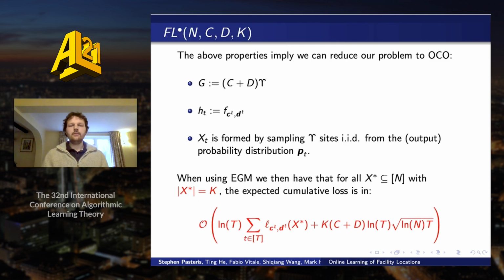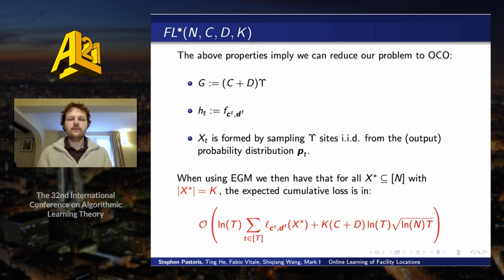So the properties on the previous slide imply that we can reduce our problem to online convex optimization. So here g is equal to c plus d times upsilon. ht, which is the convex function selected by nature on trial t, is the function f with opening cost vector ct and connection cost vector dt.